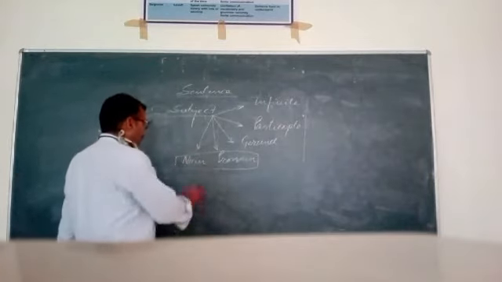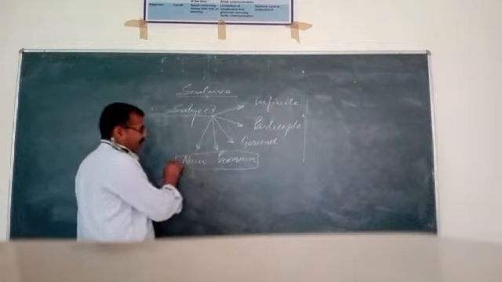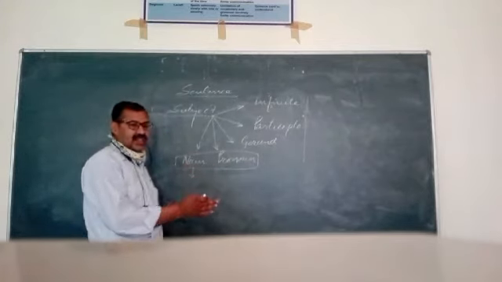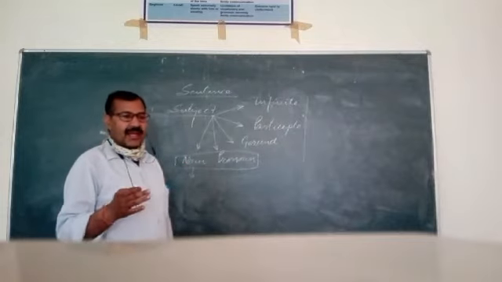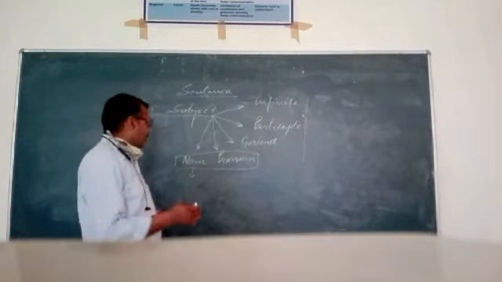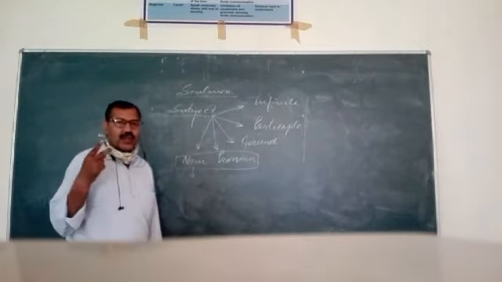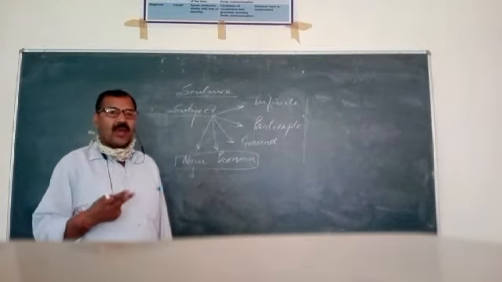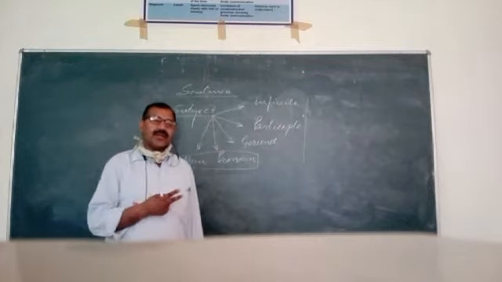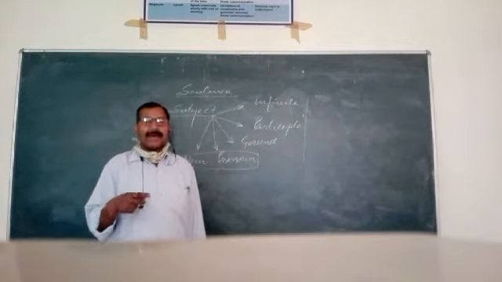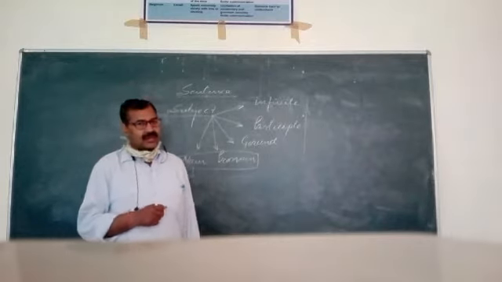First is the noun. How can we find out the noun? About the noun, in the prior lecture, I explained it to you. There are two basic concepts about the noun. Number one, if the word starts with a capital letter, it is called a noun.